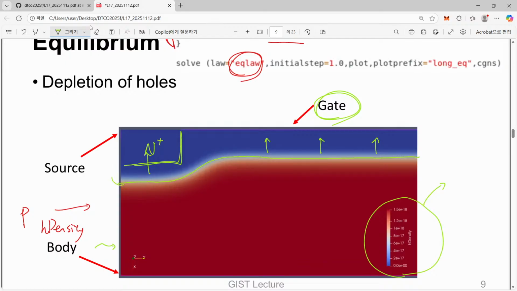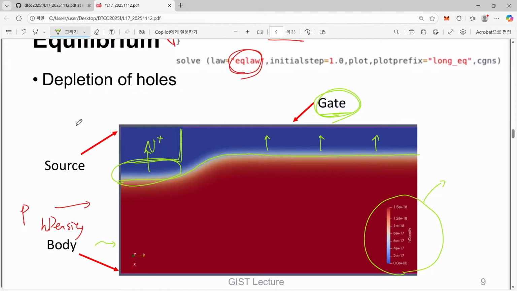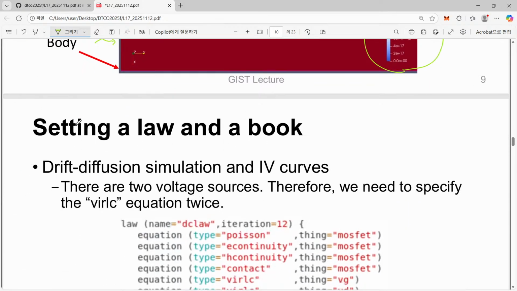That's the reason why we have a depletion here, and also gate voltage just pushes our holes. So we have a depletion layer, and underneath source region we have also depletion layer. It can be calculated, and please watch it by your own exercise.